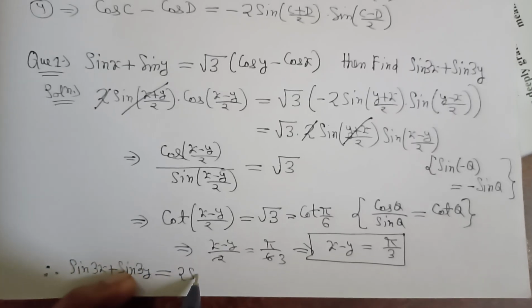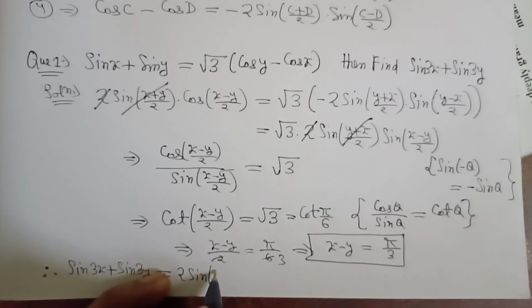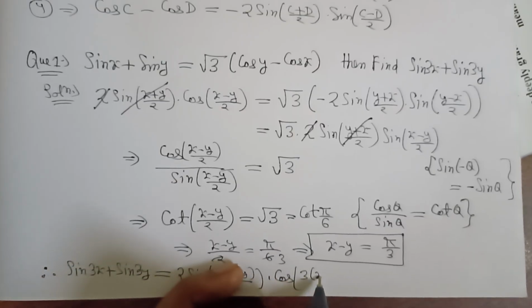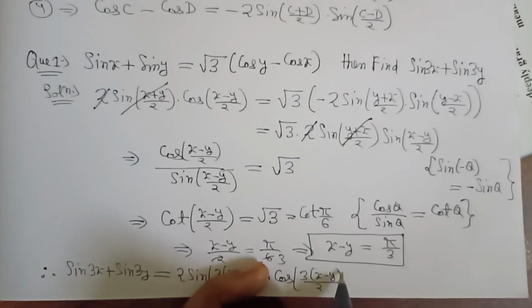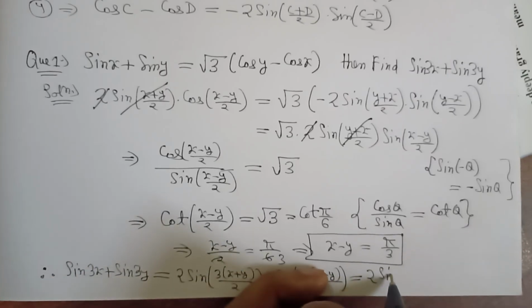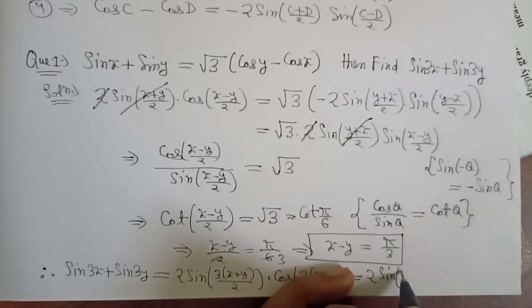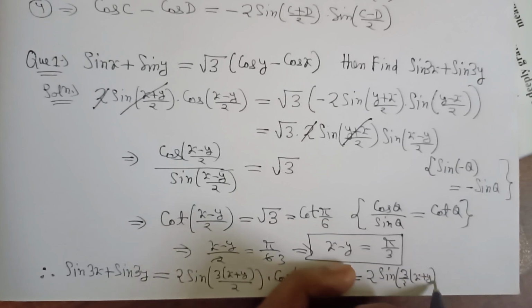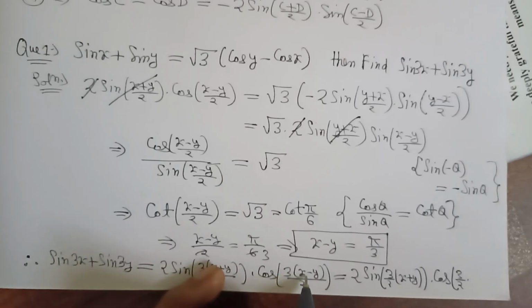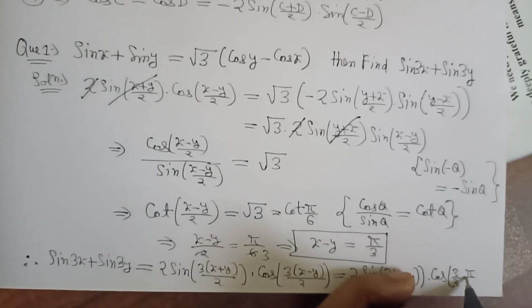This will be 2 times of sin, 3x, you can take 3 common, (x plus y) divide by 2 and into cos, again take 3 common, (x minus y) divided by 2, which is equals to 2 times of sin 3 into (x plus y), okay, 3 by 2 into (x plus y) and cos 3 by 2 into (x minus y). x minus y is pi by 3, right? Pi by 3.